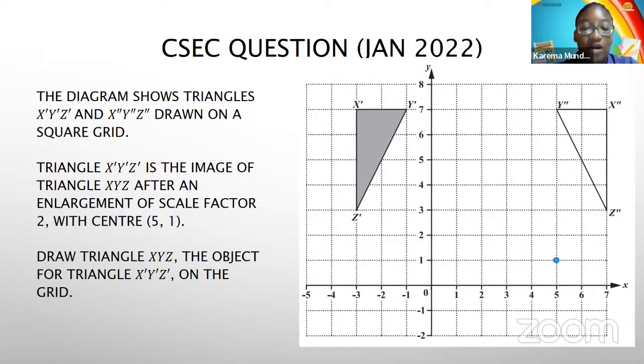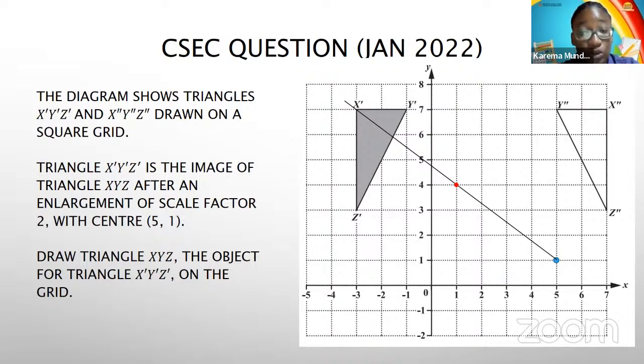So let's do a connection. Let's see if we can connect, because we know already from what we did this morning that the extended line segment from the center should go through the object and image point. Right now we don't have the object point, but all we have is the image point, x prime.